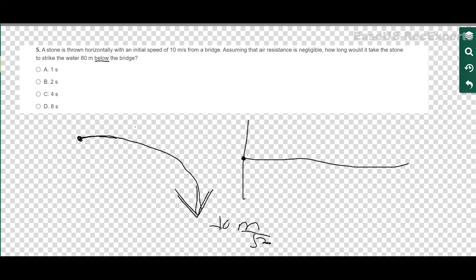Sorry, negative 10 meters per second squared. And now you're trying to find the time t it takes to go 80 meters below. So because the slope is equal to 10, you have your t here.